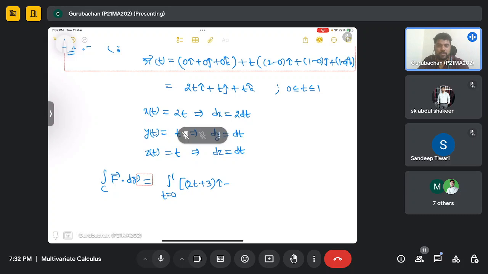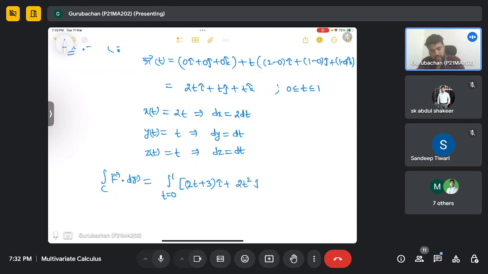So the next term is minus y plus xz. So x into z will be 2t square j cap, plus yz, that is t square, minus x, that is 2t k cap. So this is our F, and what is our dr? 2 dt I cap plus dt j cap plus dt k cap.